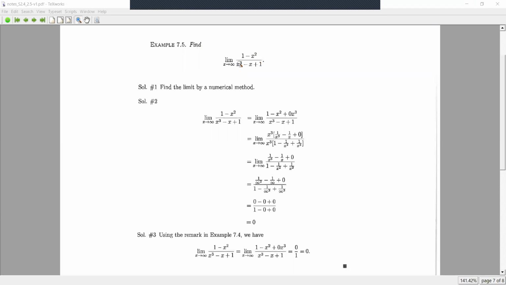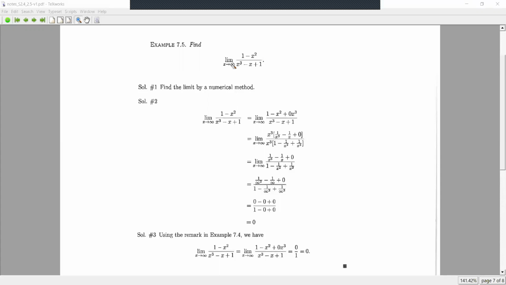And x to the third minus x plus 1 should approach positive infinity. Because the degree at the bottom is 3, the degree at the top is only 2.